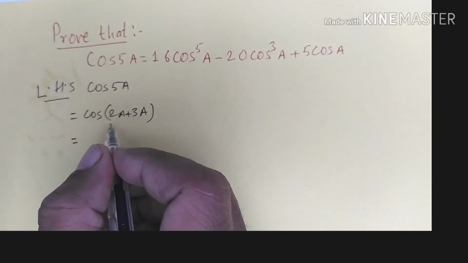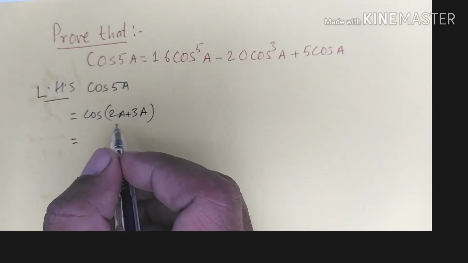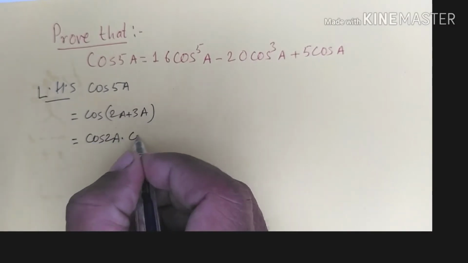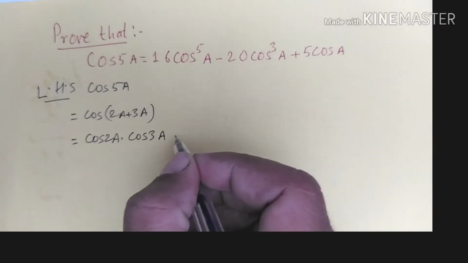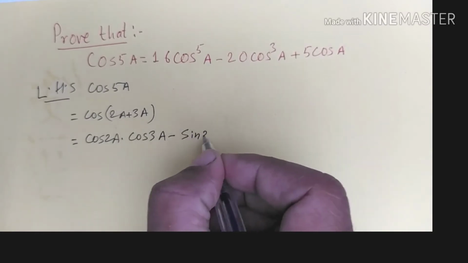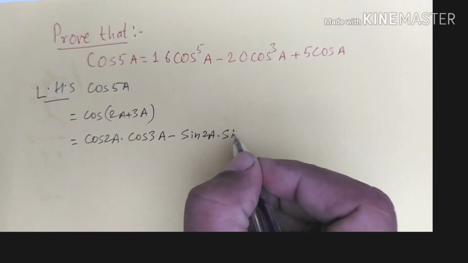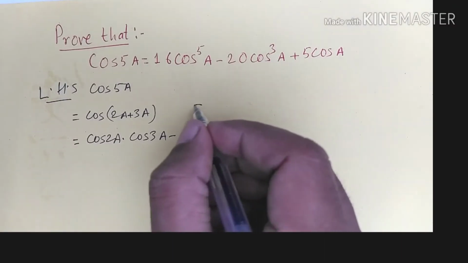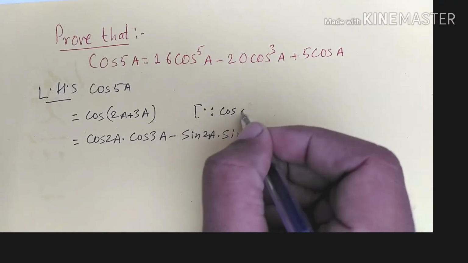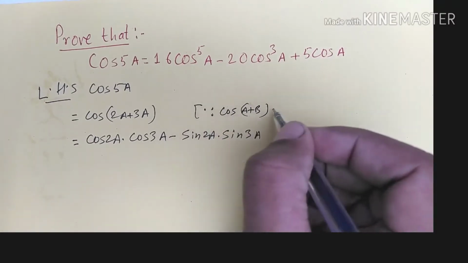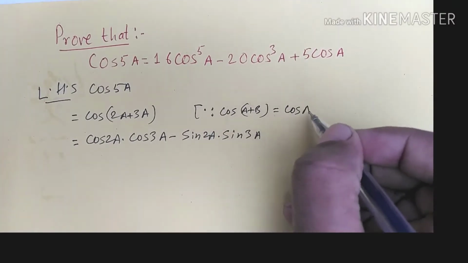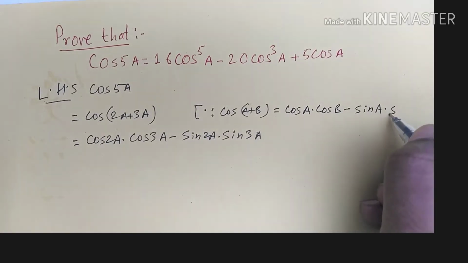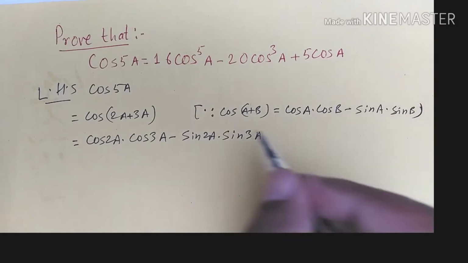Now this cos(2a plus 3a) can be written using the formula of cos(a plus b), that is cos 2a dot cos 3a minus sin 2a dot sin 3a, because you have cos(a plus b) equals cos a times cos b minus sin a times sin b.